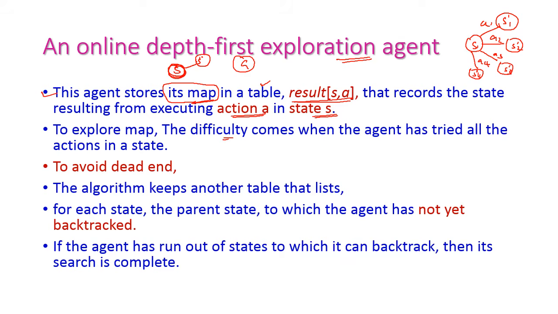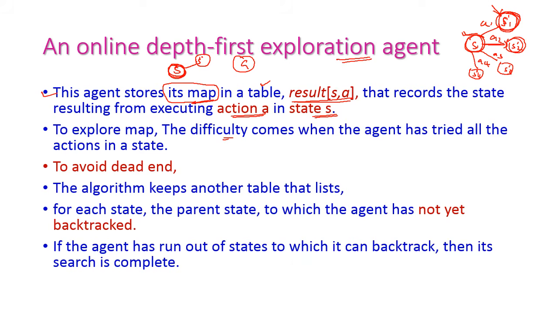So how will it know about S dash 1? Once it physically reaches this particular state, only then does it know something about S dash 1. Likewise, it has to try all the possible actions on a single state. So this is the difficulty in this online agent.